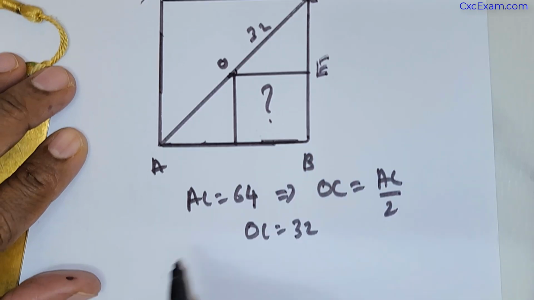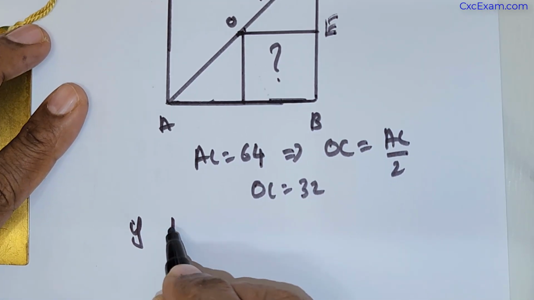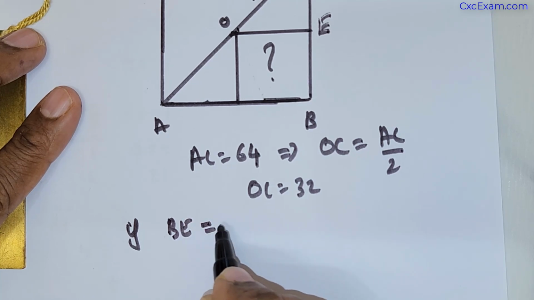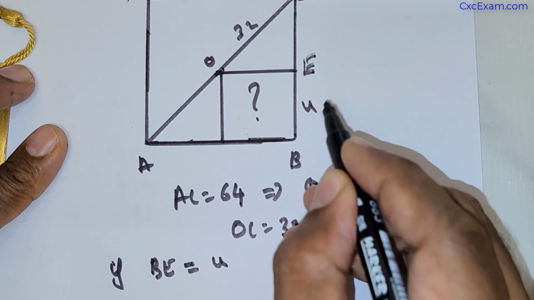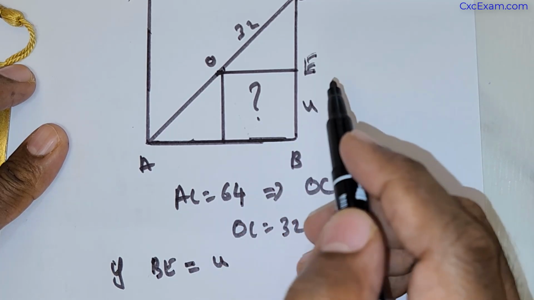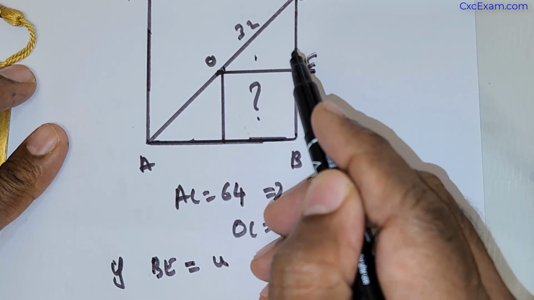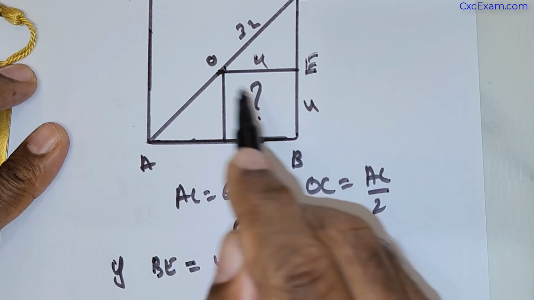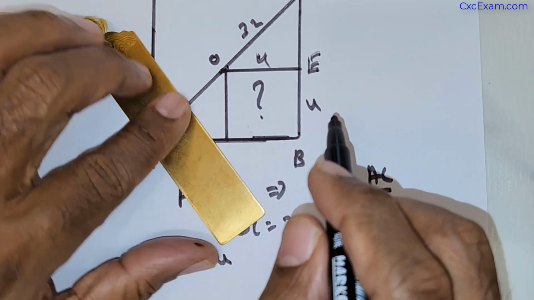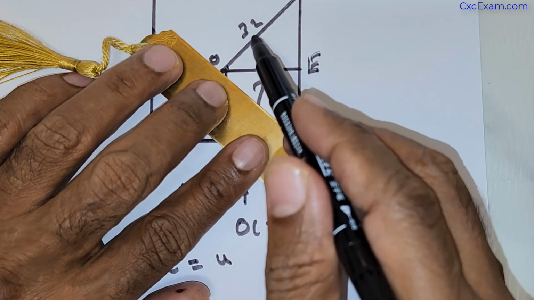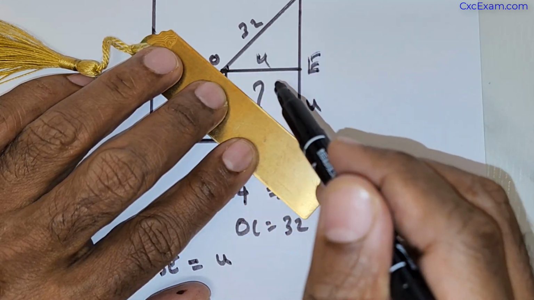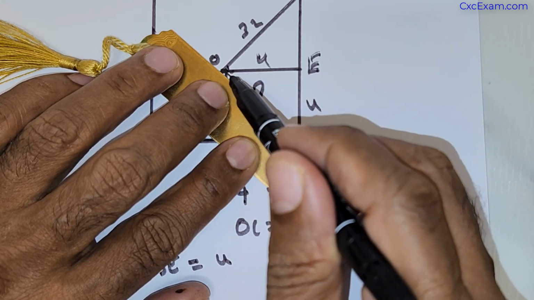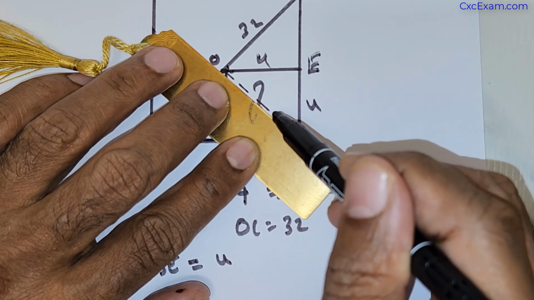So that would mean if I take BE to be as some U, then I would have OE also to be some U, the same U. Now since we are given that the diagonal is 64 and OC is 32, this distance is also going to be 32.